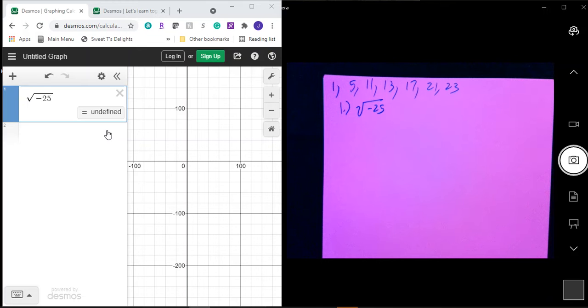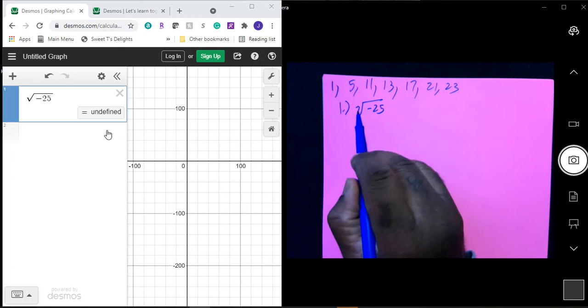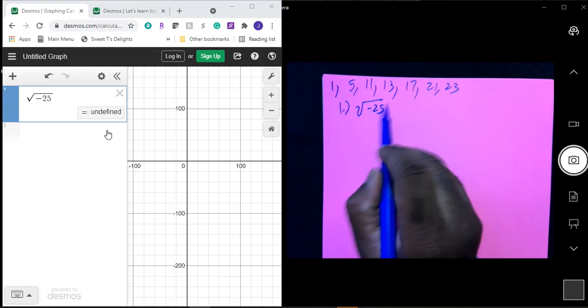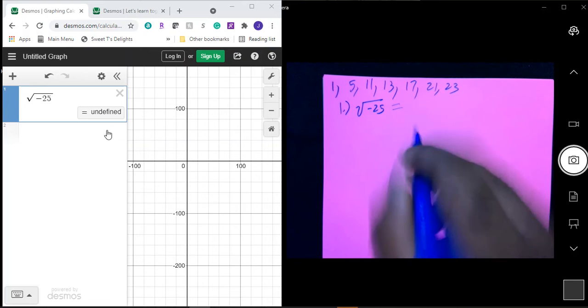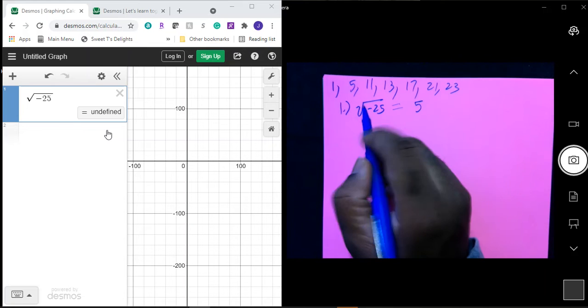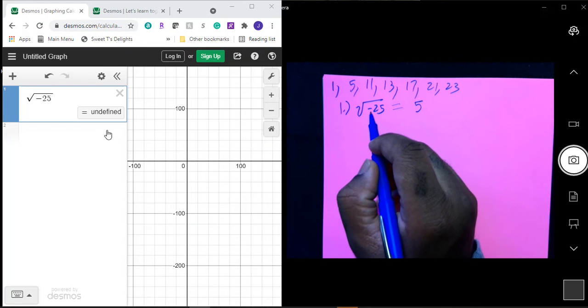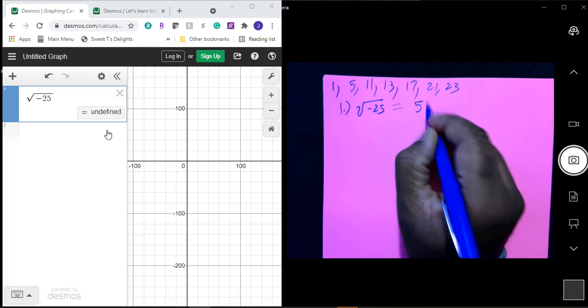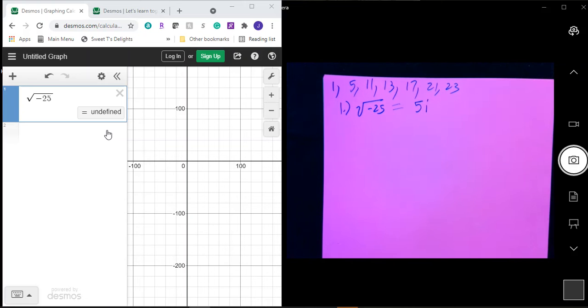This is what is called complex numbers. We know that the square root of 25 is just 5. But when we have the square root of a negative value, that produces the i. So the square root of negative 25 is equal to 5i, not just 5.